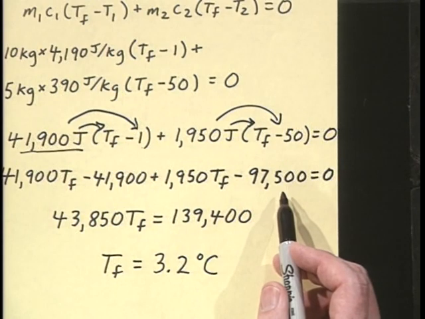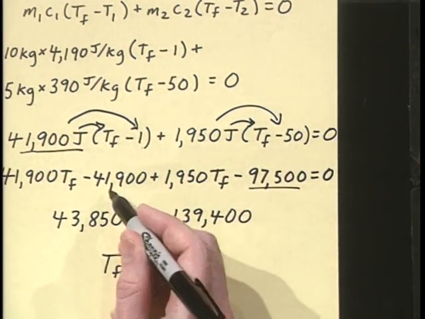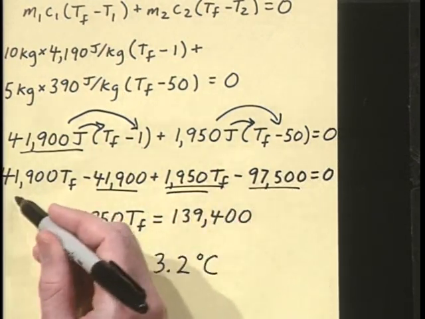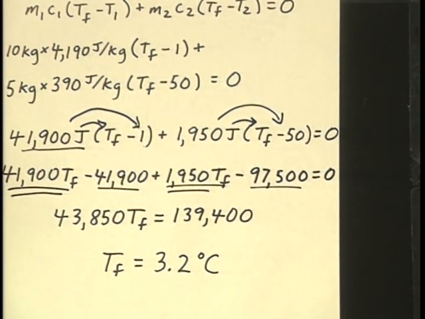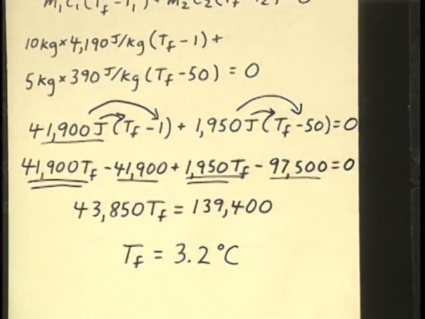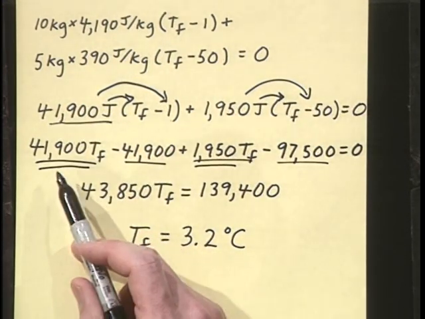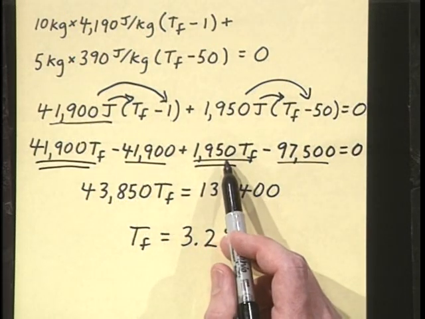Now we can group the like terms together. We have two like terms that are just numbers, and then we have two like terms that both have TF in the equation. So we're going to group those like terms together. We take this 41,900 TF and add it to this 1,950.